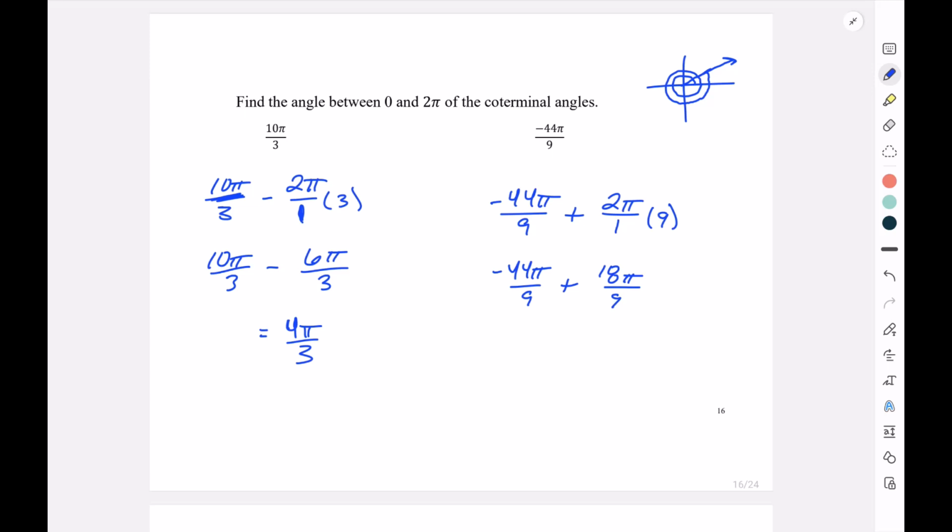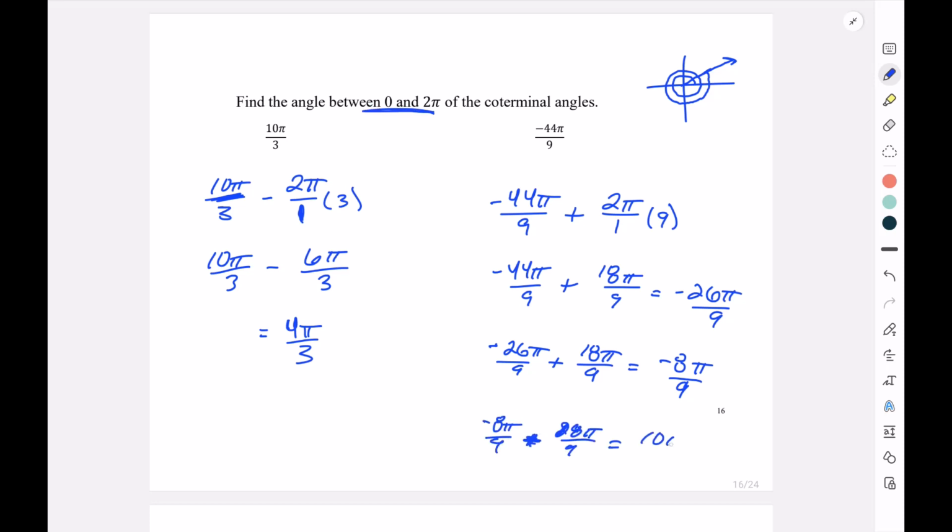If we add it once, we get negative 26 pi over 9. If we add it again, we will get negative 8 pi over 9. And if we add it one more time, we are within our 0 and 2 pi. So our answer is 10 pi over 9.